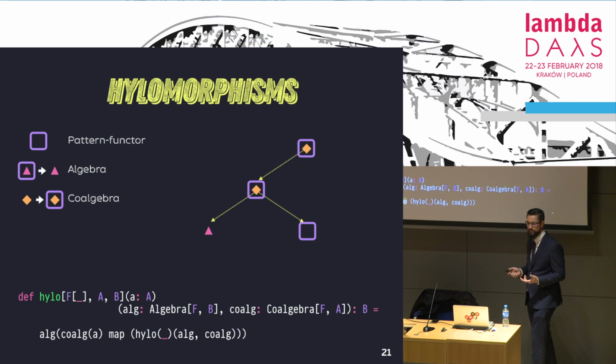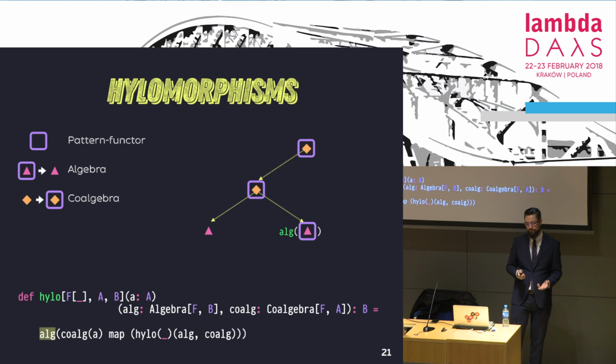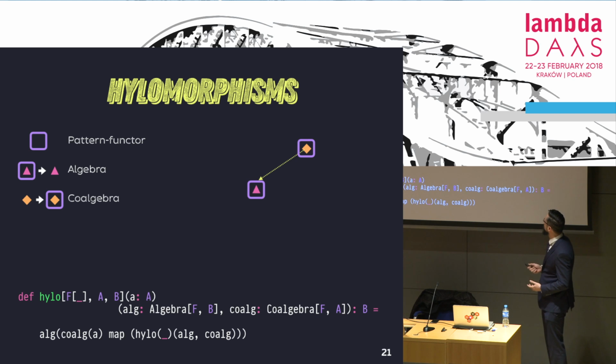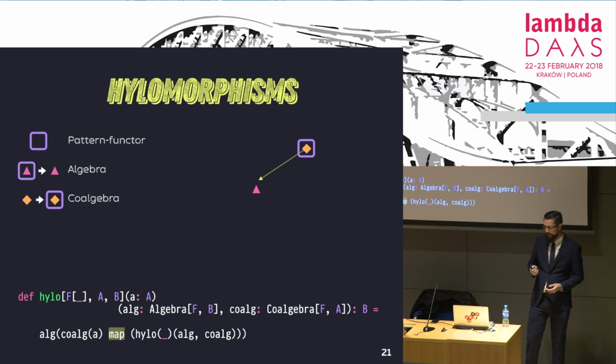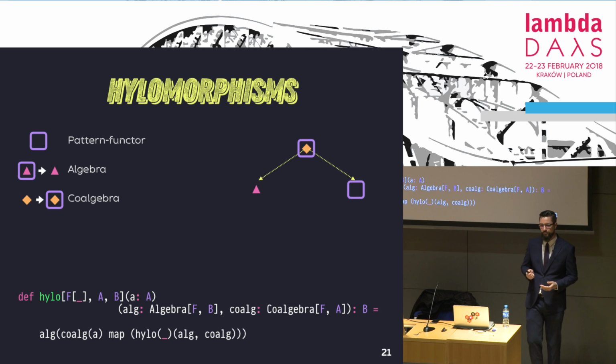So when I map, the function is not called, and it returns an f of B, on which I can apply the algebra and obtain a B. Now I'm finished for the map of this node, and it has become an f of B, on which I can apply the algebra, gives me a B, and I'm finished with this branch, but I was still mapping over the root. Maybe there is another element inside it. I need to call hylo, which calls the coalgebra. It gives me a leaf because it's becoming boring, right?